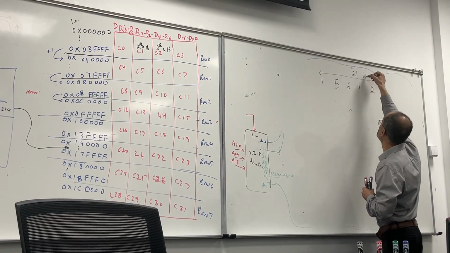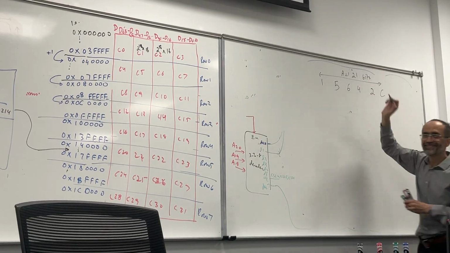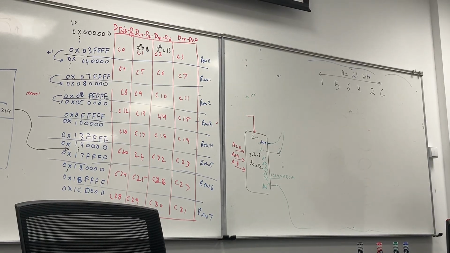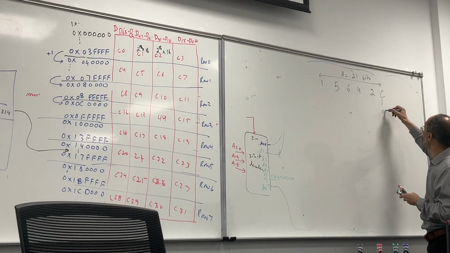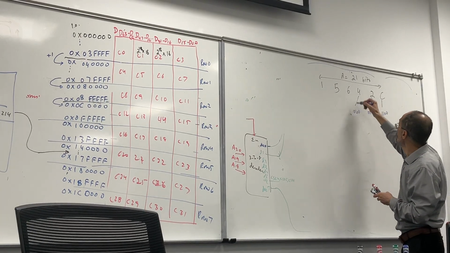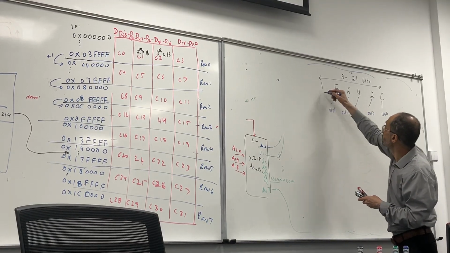Remember, this is 21 bits. Why is it 21 bits? Because A is 21. When A is 21, if we convert this into binary, C is 1100, 2 is 0010, 4 is 0100, 6 is 0110, 5 is 0101, and this is 1.